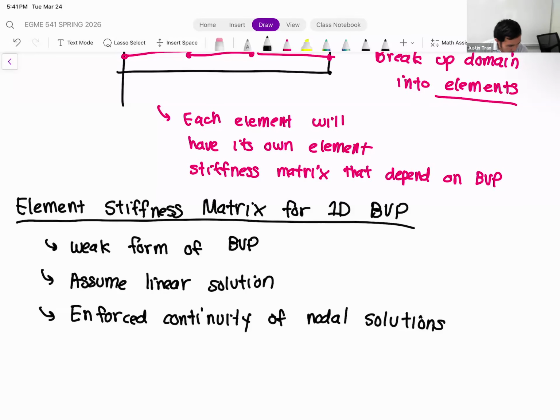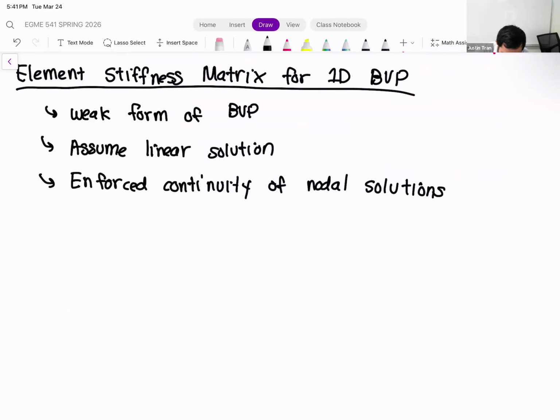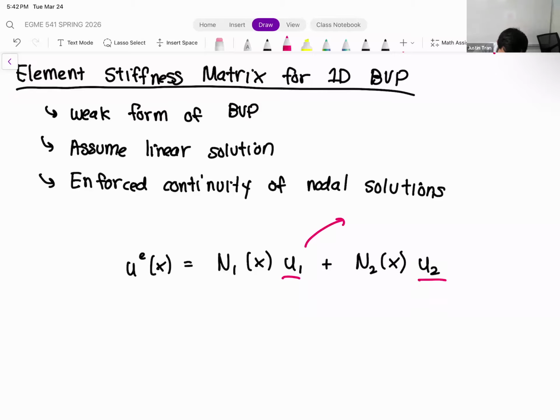And what that led us to was the following expression. This is right where we cut off. So the function for our solution u^e of x is equal to N1 of x times u1 plus N2 of x times u2, where u1 and u2 are the nodal solutions.